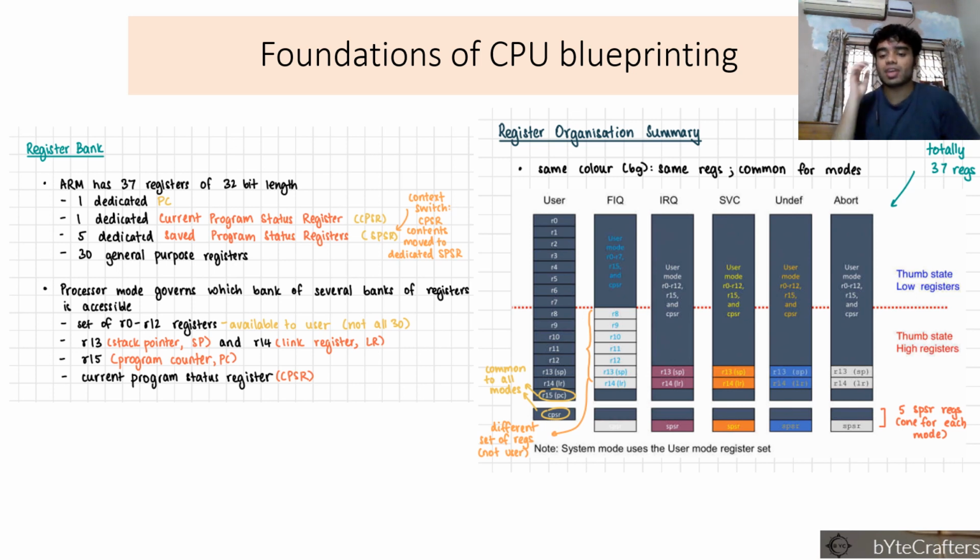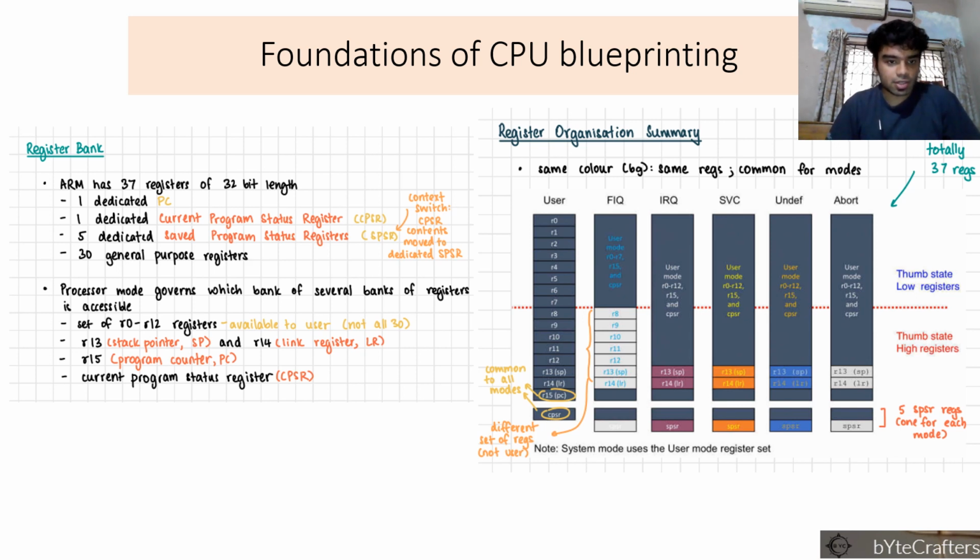There are 5 SPSRs in ARM, and other than these 7 special purpose registers, there are 30 general purpose registers as well. Coming again, there are 7 special purpose registers and 30 general purpose registers. Out of the 7, 5 are SPSR, 1 is the program counter, and 1 is the CPSR.